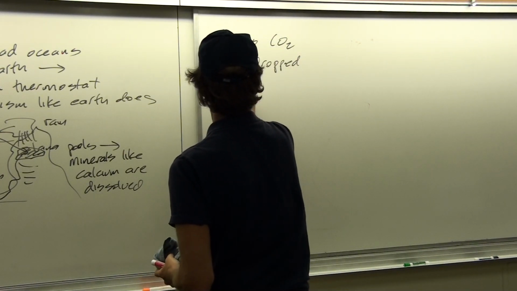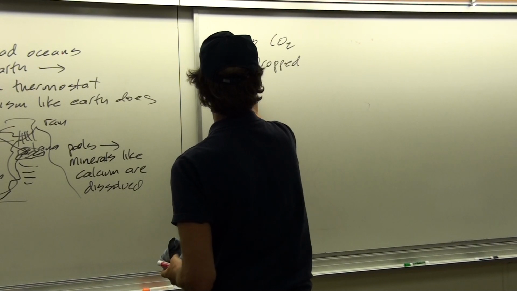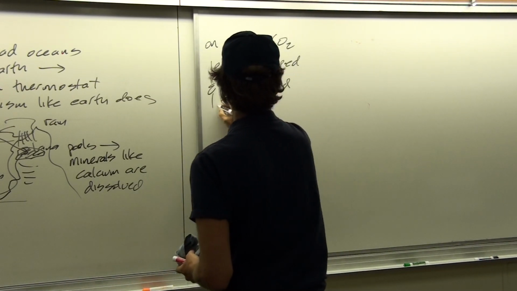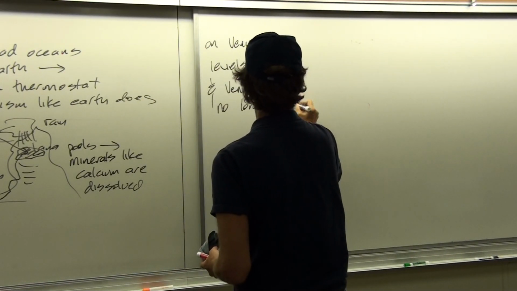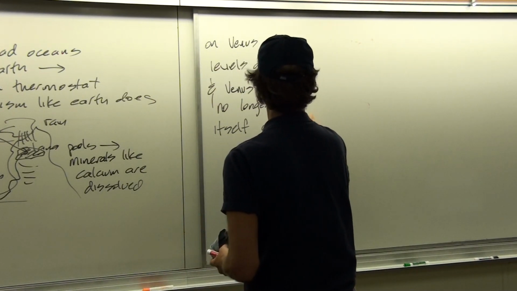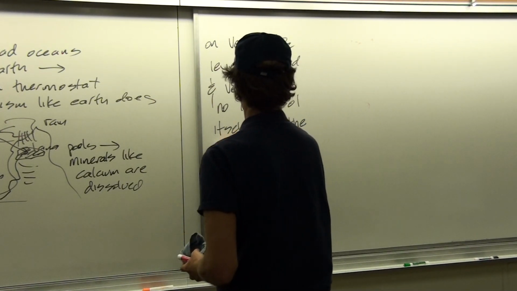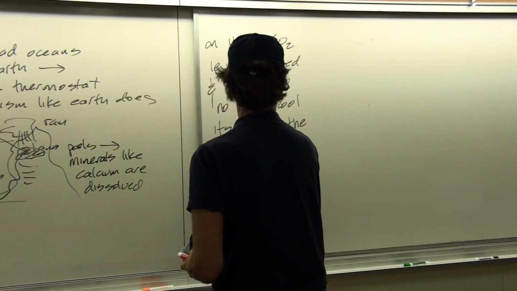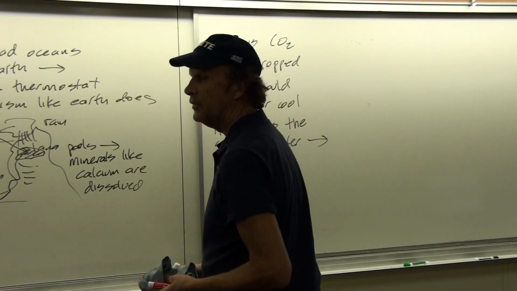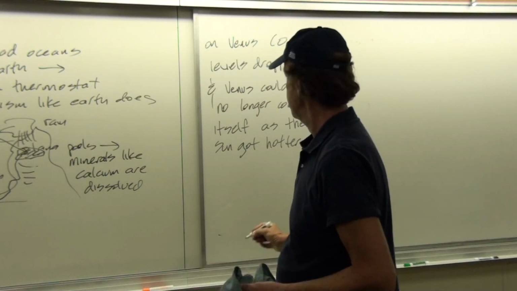And Venus could no longer cool itself as the sun got hotter. So the result then is that all of Venus's oceans evaporated.